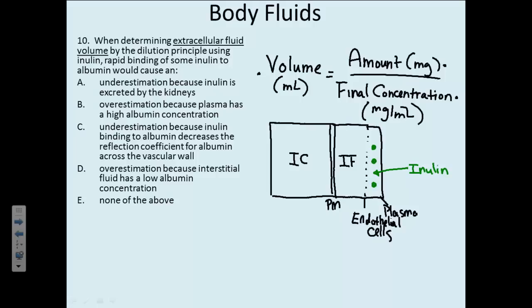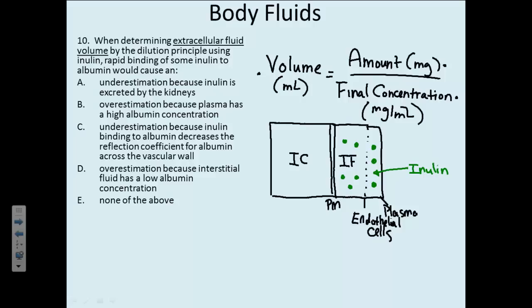Now, you should know the different components of inulin, what its characteristics are. It is a large molecular weight carbohydrate. We also know that it has a small enough molecular weight that it is able to go through those endothelial cell clefts, and it would also be able to equilibrate in the interstitial fluid as well.